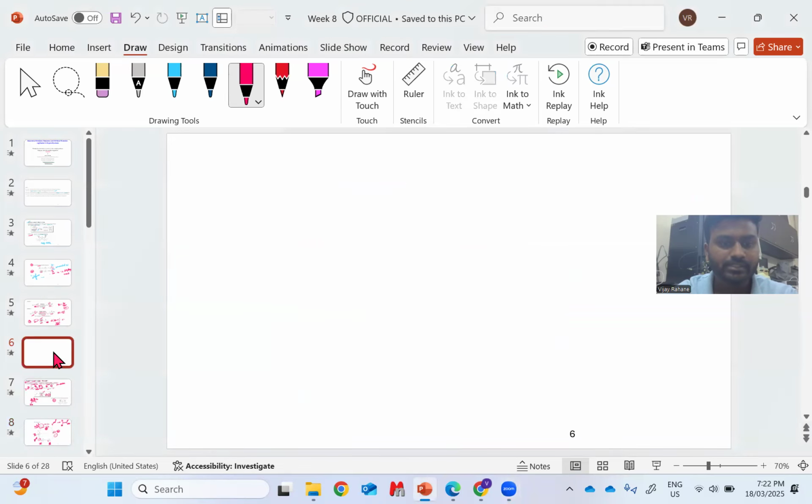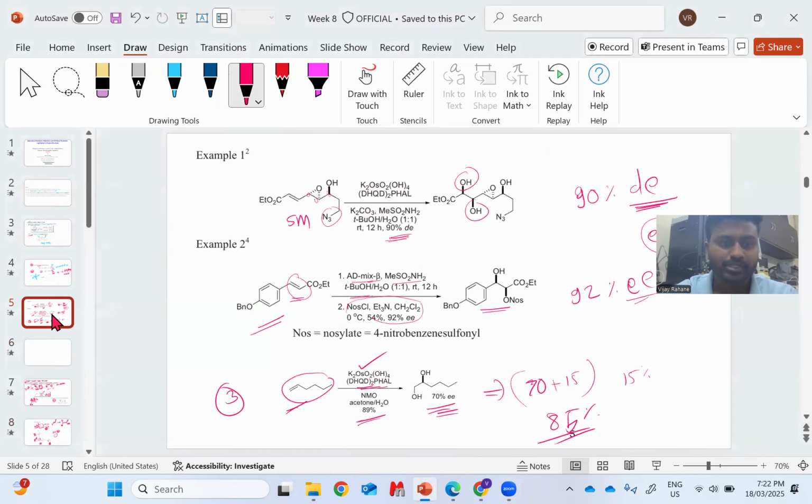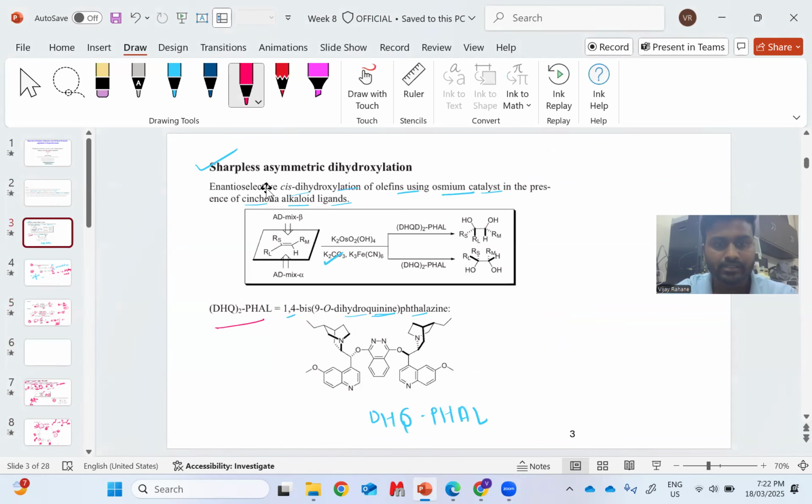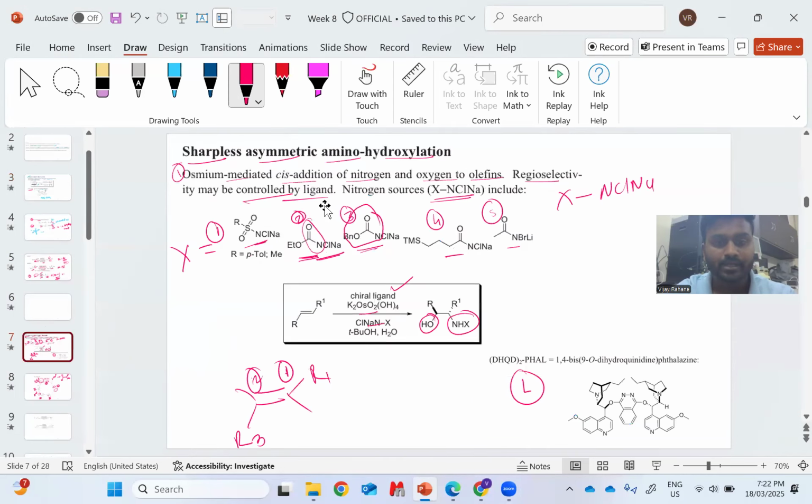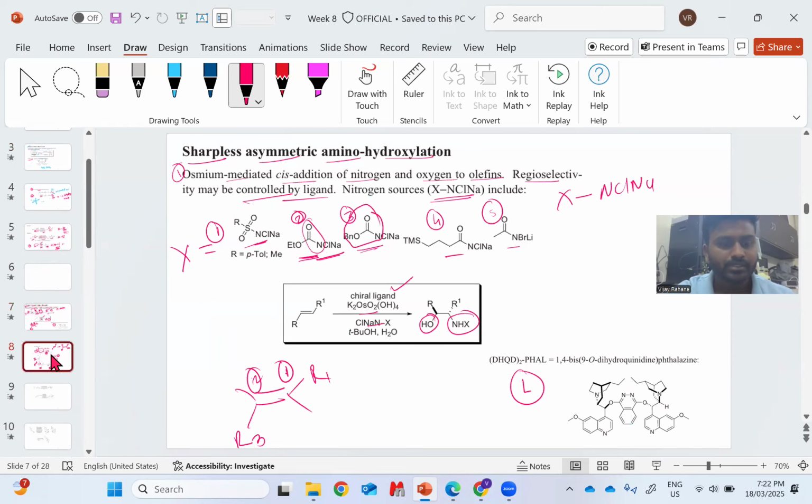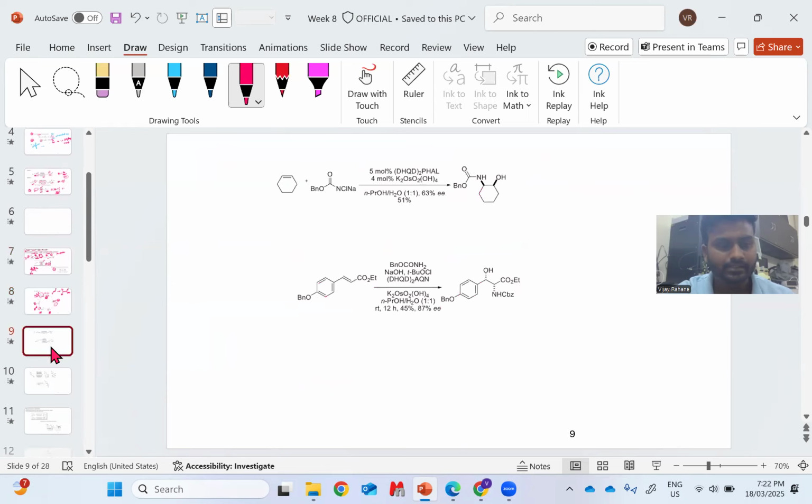The only difference is the amino group instead of dihydroxylation. As we have seen earlier, in asymmetric dihydroxylation we get the 1,2-dihydroxy compound from the olefin. But by using this asymmetric amino hydroxylation, from the starting olefin we get the amino hydroxyl compound. There are different nitrogen sources, and depending upon what kind of product we want, we can select the nitrogen source from here. Further, this was the second reaction.